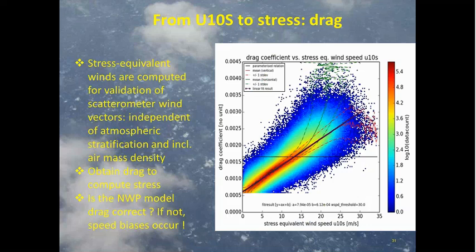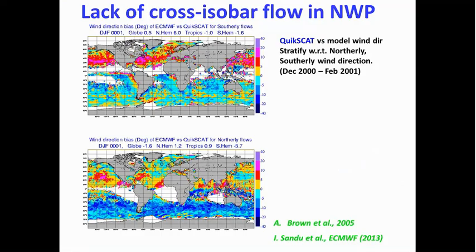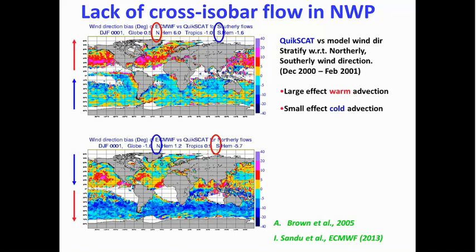I mentioned parameterization errors, so there's a lack of cross-isobar flow in numerical weather prediction, and you can find several references on those from Brown and Sandu. You can see it as a difference between when the wind is blowing warm air over colder water, or the other way around, cold air over warm water, and particularly when there is advection of warm air over colder water.